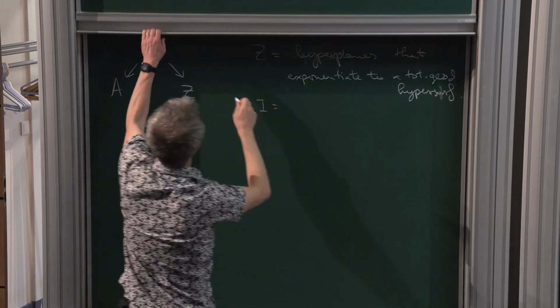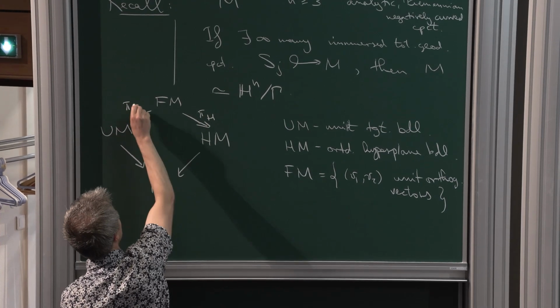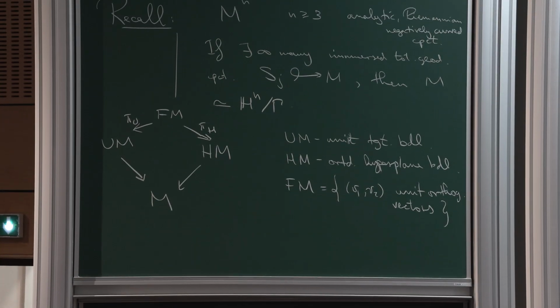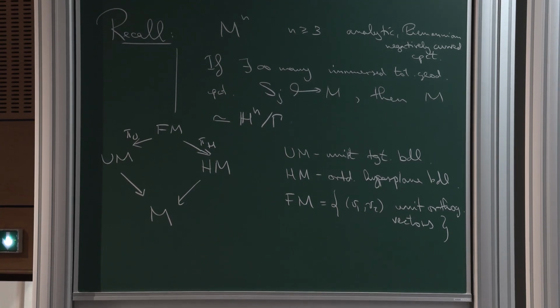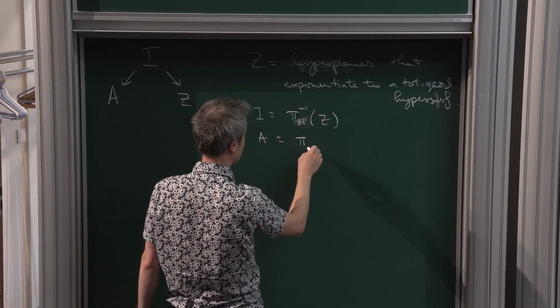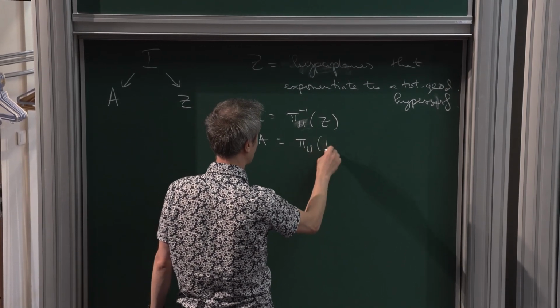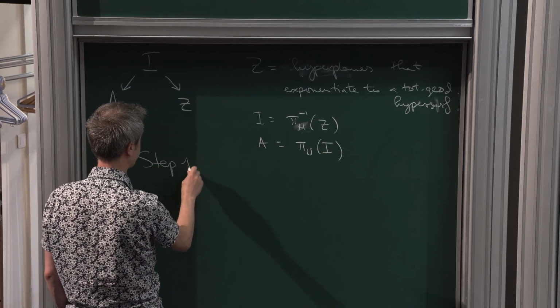We had names for these maps, pi H and pi U. I was pi H inverse of Z, and A was pi U of I. So we had 3 steps.